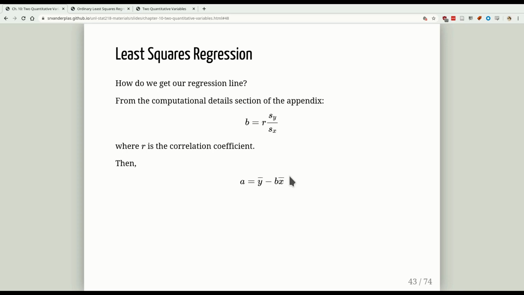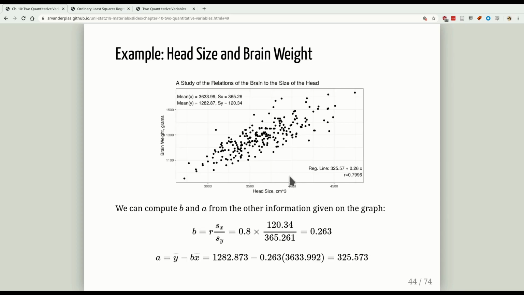So you guys are getting off pretty easy here, which means that if you see this kind of data on a plot, so the mean of x, the standard deviation of x, the mean of y, the standard deviation of y, and the correlation coefficient down here, you should be able to reproduce the regression line equation with just the 5 values that correspond to the mean and standard deviation of each variable plus the correlation between them.